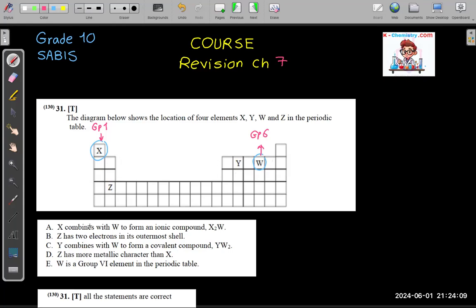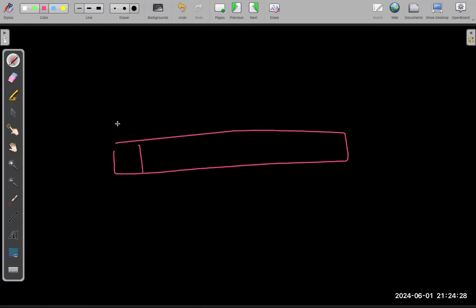Y is group 4, and Z is group 2. Okay, X comes with W. Mister, you told me that anything from group 1 takes the number of what? Group 1 loses 1 electron, it becomes plus 1.